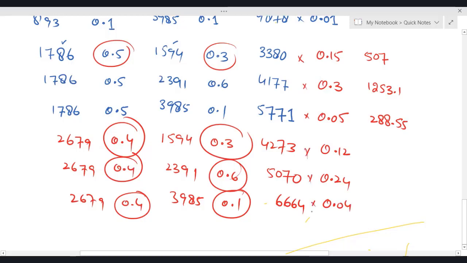Now simply multiply this. So 4273 into 0.12, I'm getting 512.76. 5070 into 0.24, I'm getting 1216.8. 6664 into 0.04 gives 266.56.